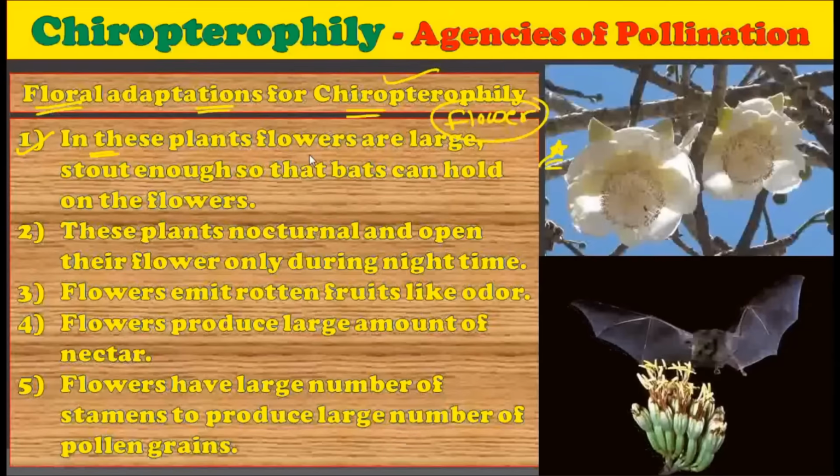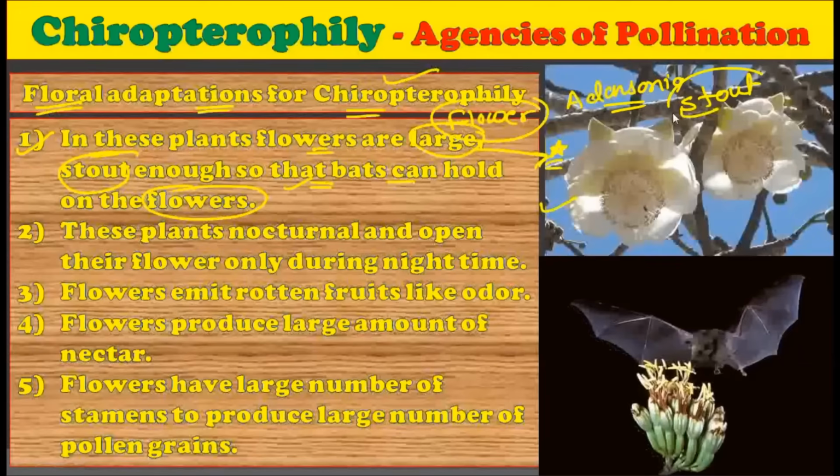The first is, in these plants, flowers are large and stout enough so that bats can hold on to the flowers. Now this is very obvious. The flowers are very large. As you can observe in this particular picture, these are the flowers of Adansonia, and these flowers are large, plus they are very stout. That is, they are strongly built. Now, why is this so?